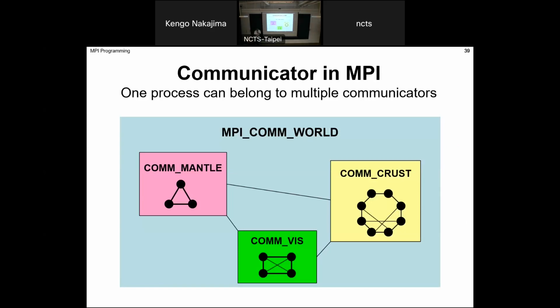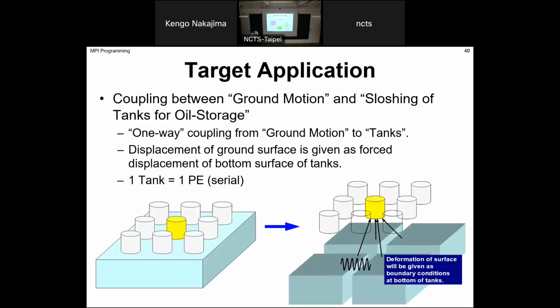For example, you can divide the MPI processes into 3 communicators, okay? So this is mantle convection, crust deformation, and visualization. So you can utilize this type of model. Actually, almost 2 years ago, I developed some applications related to multiple communicators. It's a coupling between ground motion and the sloshing of tanks for oil storage.